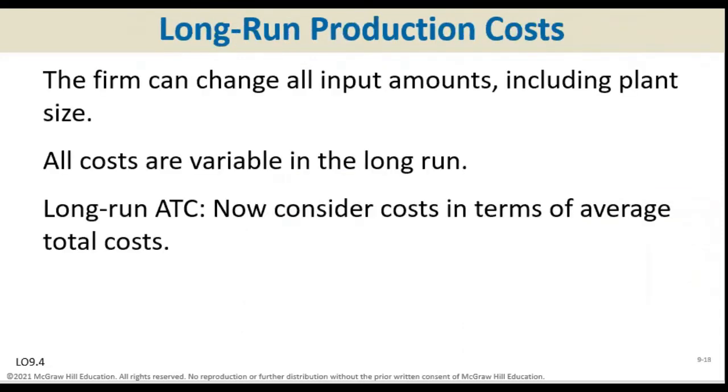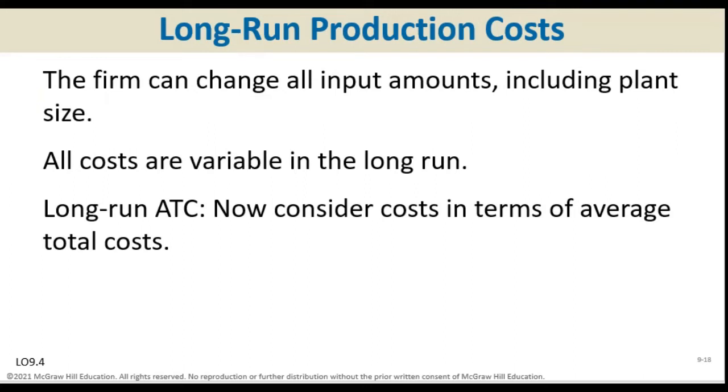So now that we have looked at the short run curves, let's spend some time on long run production cost. For the industry or individual firm, the long run, as we define it, is a time when they can make adjustments to all the resources.